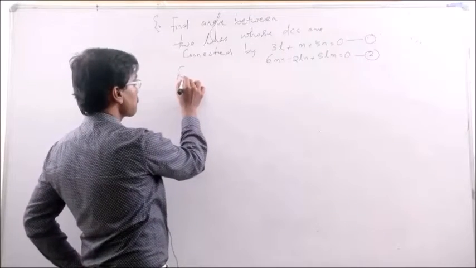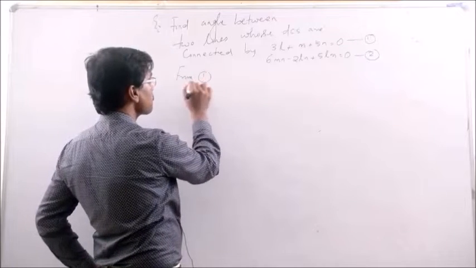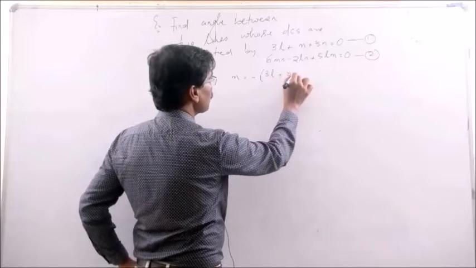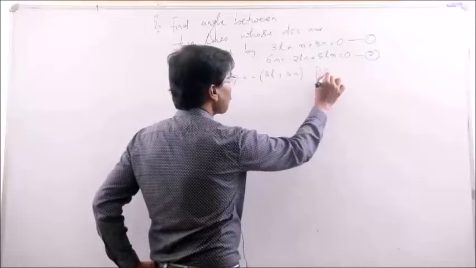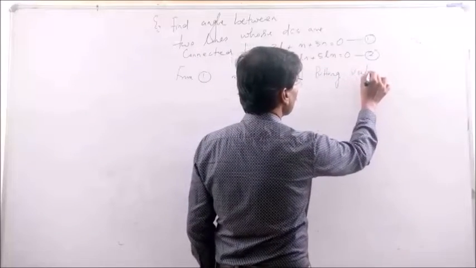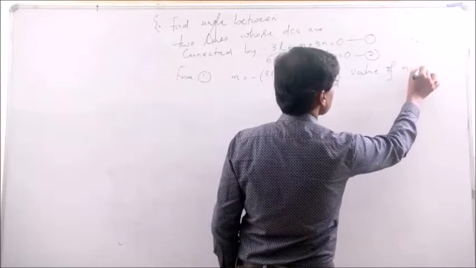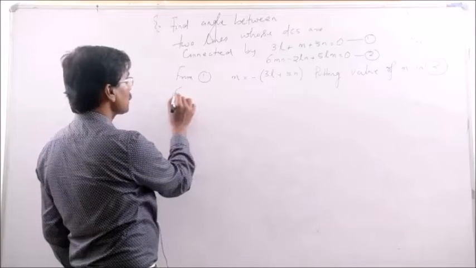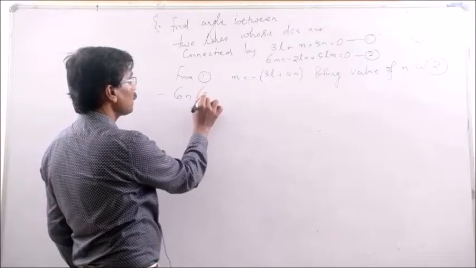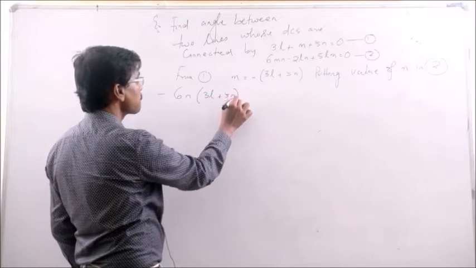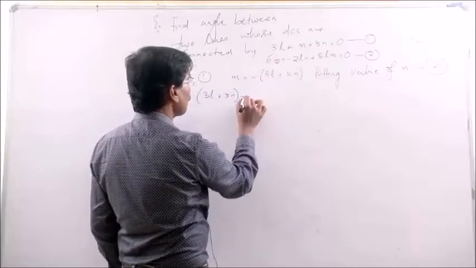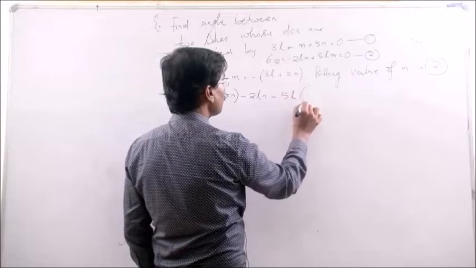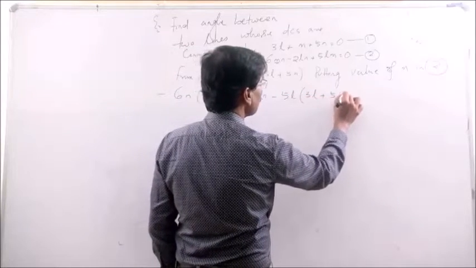From equation 1, m is equal to minus (3l plus 5n), and putting the value of m in equation 2, that is minus 6n into (3l plus 5n) minus 2ln minus 5l into (3l plus 5n) is equal to 0.